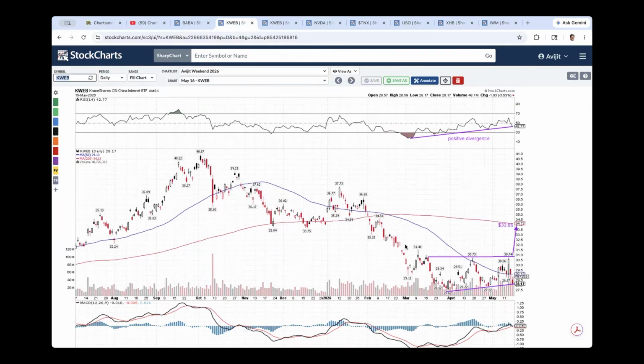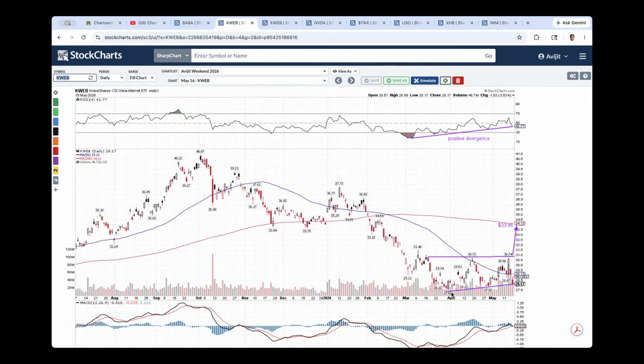The KWEB chart, which is the KraneShares China Internet ETF, also has a key resistance line near 30.73, 30.74 that it tested on the 13th with strong volume, failed right at that resistance, rising lows, but the lows are not that far apart, 27.6, 27.9, and the low on Friday was 28.17.